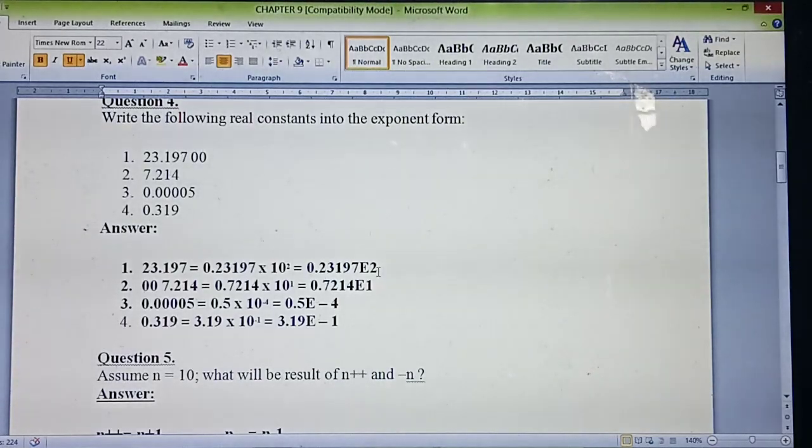Write fast. Fourth 2-mark question, write fast.